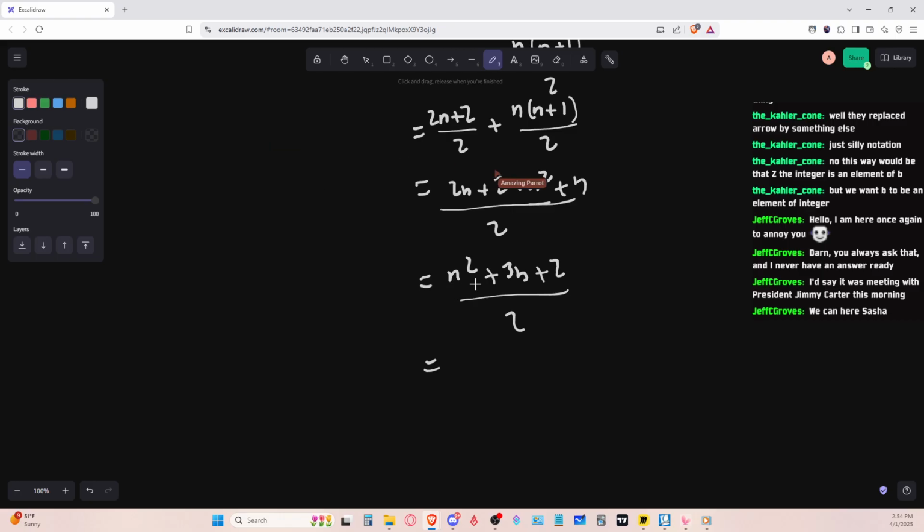Because our goal for the case n plus 1 is to have, so what would it be? It would be n plus 1 times n plus 2 over 2. That's what we want to obtain. So you basically found it. Yeah, with simple FOIL, it's easy at that point.